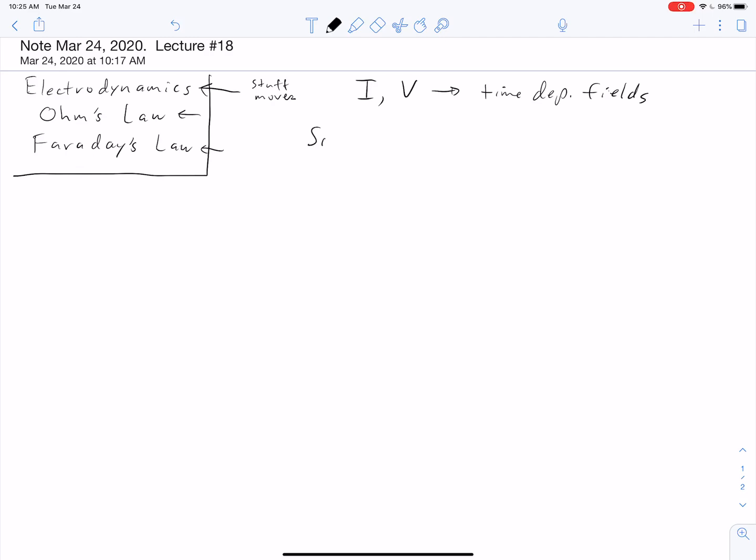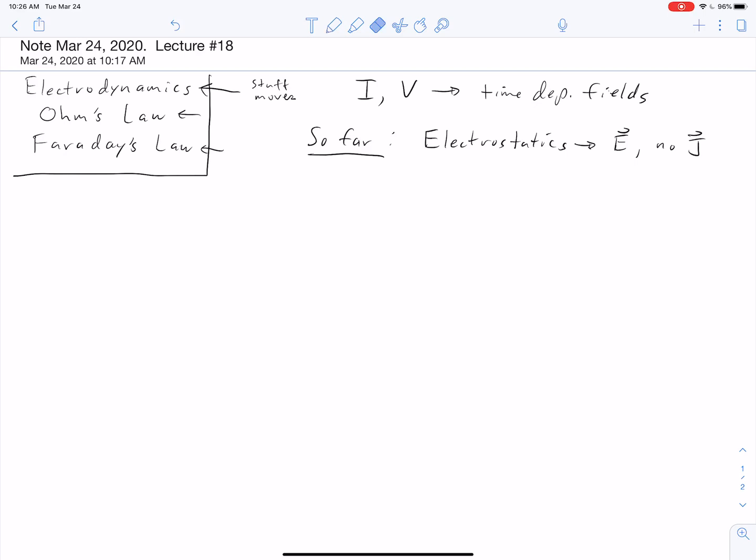An important overall thing to remember is that so far we have been discussing electrostatics, where we discuss E fields, but no current density.